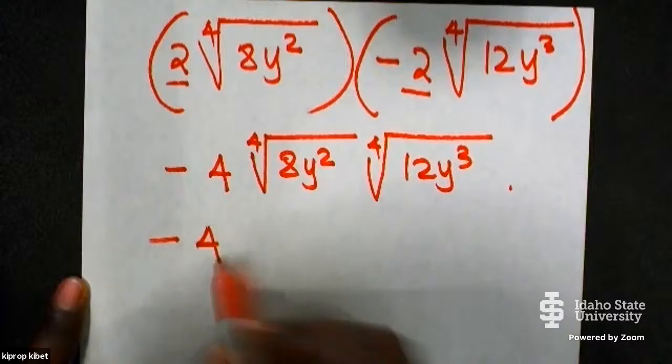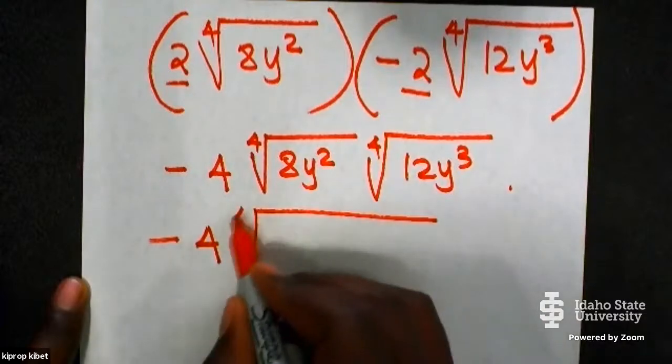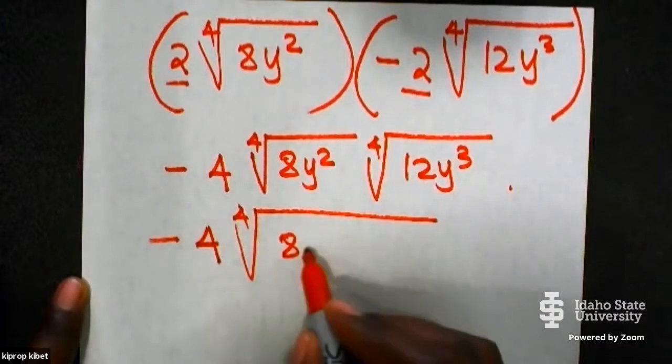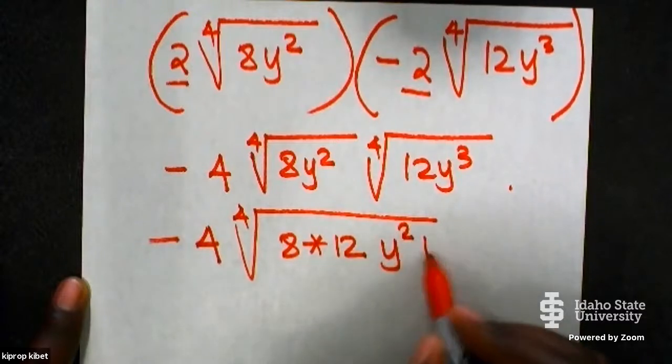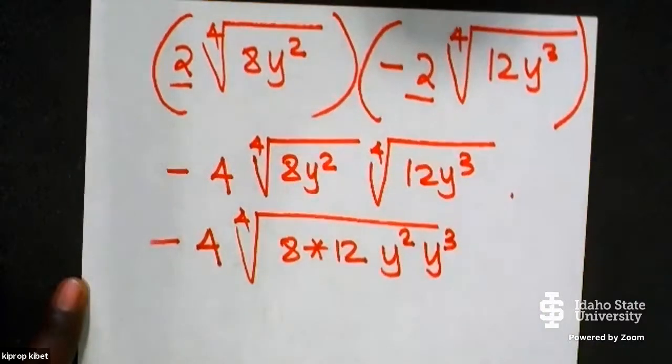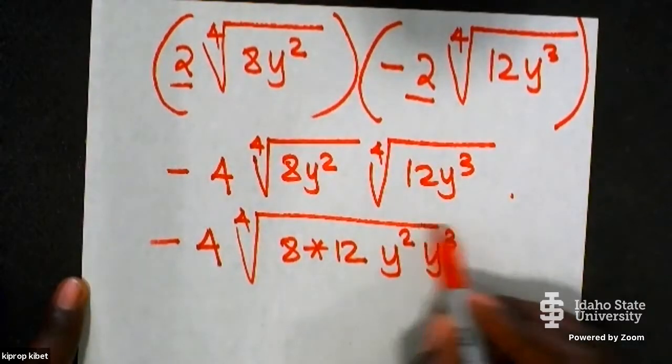Minus 4, the fourth root of 8 times 12 y squared y cubed.